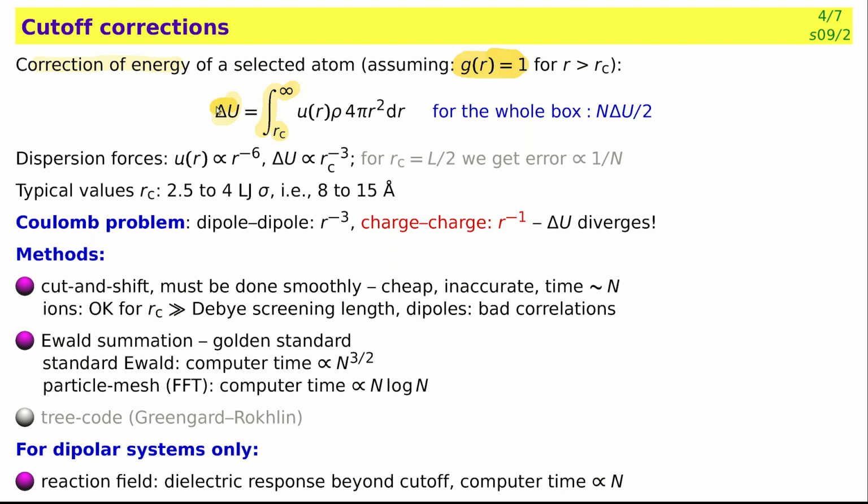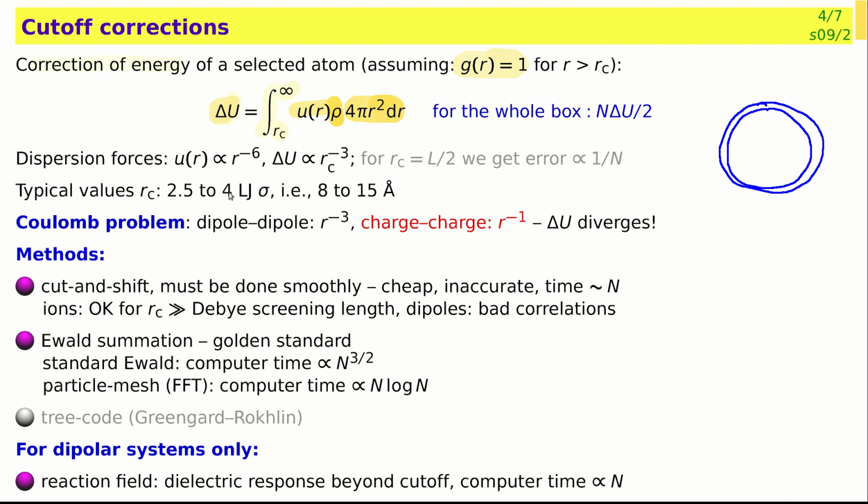Then the estimate of this energy correction is this integral. The pair potential is a function of distance. This is the element of integration of volume of a shell around the center, and this is the number density.